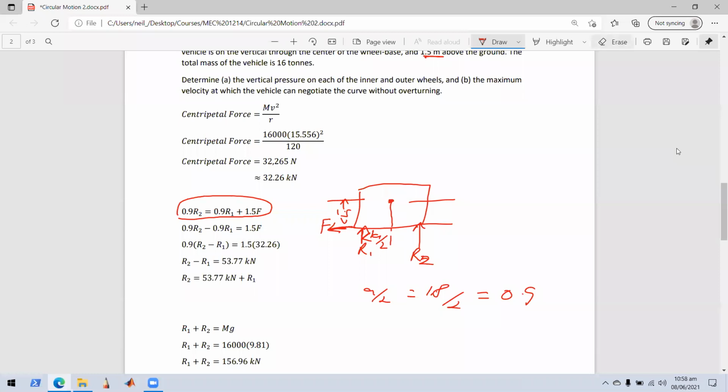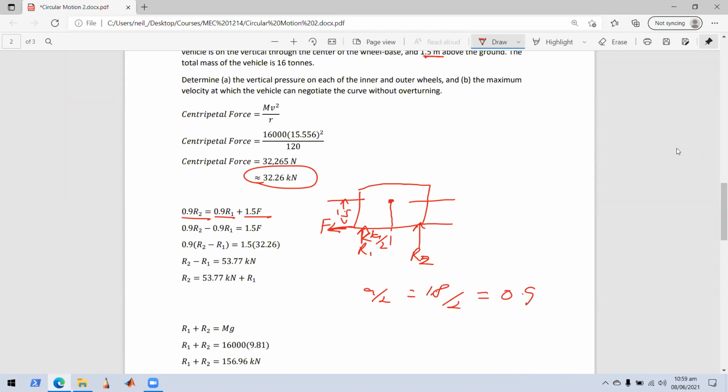So we'll end up with 0.9 R2 is equal to 0.9 R1 plus 1.5 F, where F is that centripetal force, which we calculated here. Rearranging, we get 0.9 R2 minus 0.9 R1 is equal to 1.5 F. Factoring out 0.9, we get 0.9 times (R2 minus R1) is equal to 1.5 F.